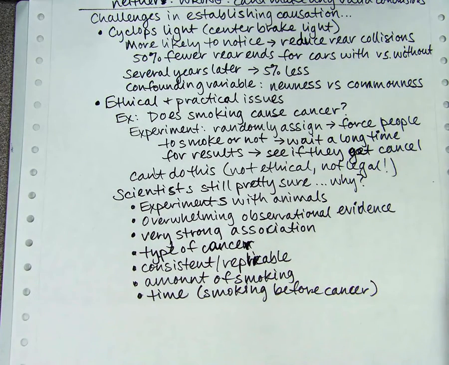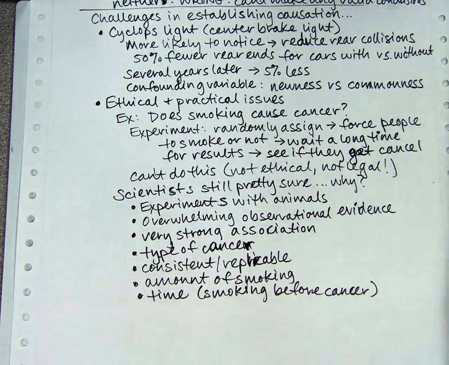But there's so much evidence in these other areas that doctors are really pretty sure that it's true. So don't smoke, kids. I just have to tell you this. Just don't. It's bad for your body in many different ways, including causing cancer. And don't listen to these people who say it's not an experiment. There are ways to find things out besides doing experiments.